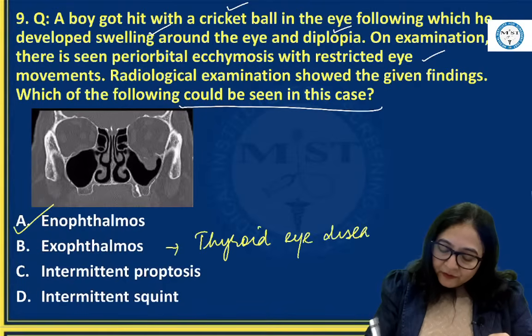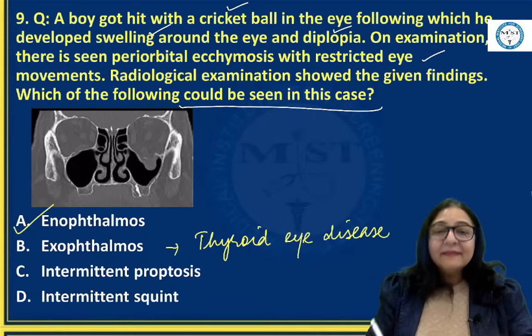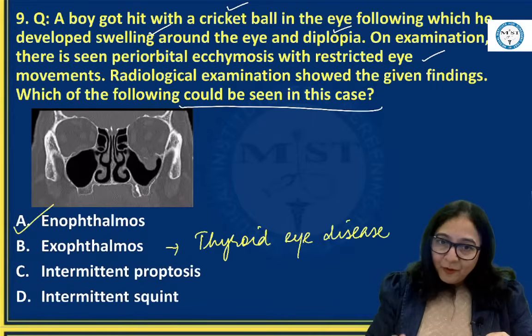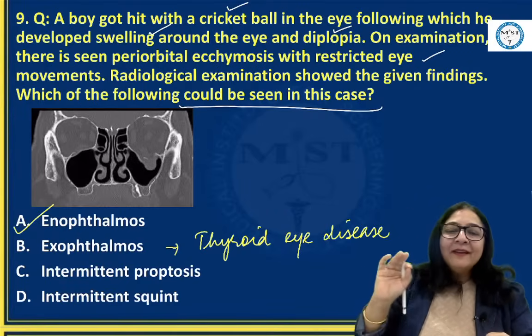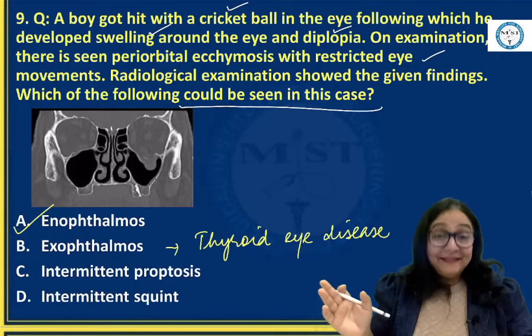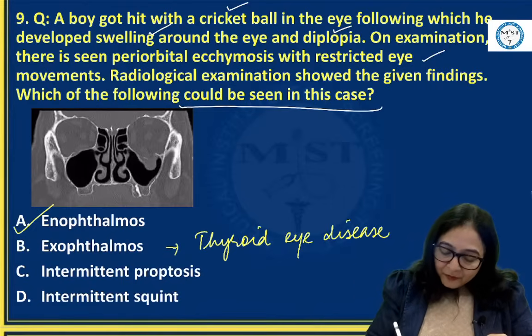Exophthalmos is seen in cases of, beta, mostly thyroid eye disease. The proptosis which we see in thyroid eye disease is given the name exophthalmos, and as you know, that's the most common cause of unilateral and bilateral proptosis in adults. Intermittent proptosis is seen in cases of orbital varices.